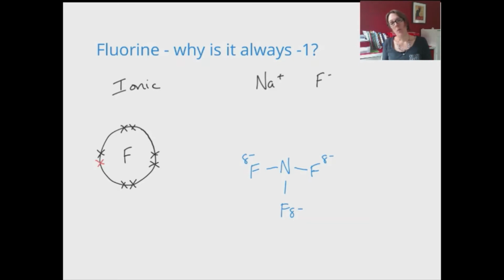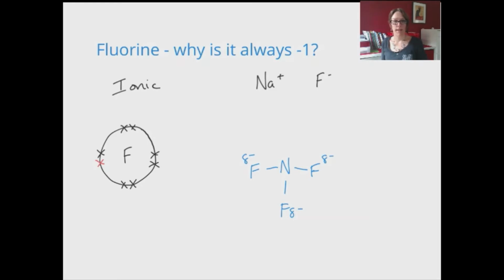And when fluorine forms bonds with any other element, it is always the most electronegative. So fluorine is the most electronegative element on the periodic table, unless we were to count noble gases, which we don't, because the definition of electronegativity is to withdraw electrons from covalent bonds.